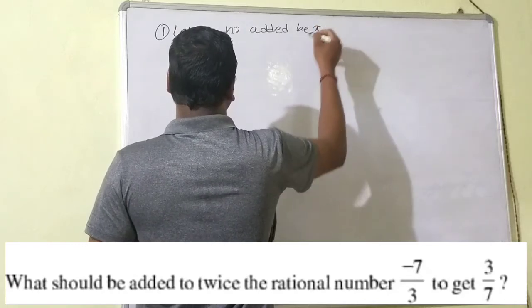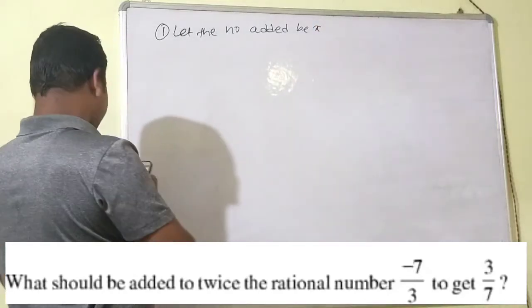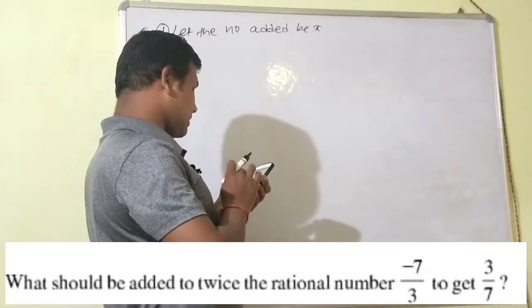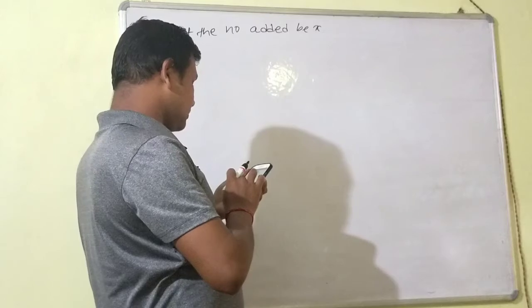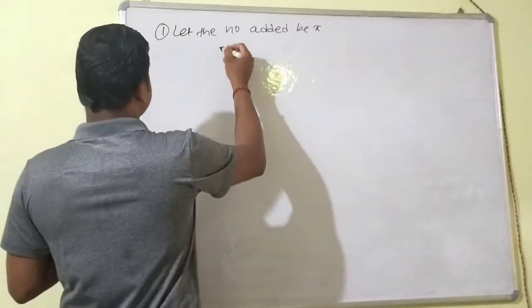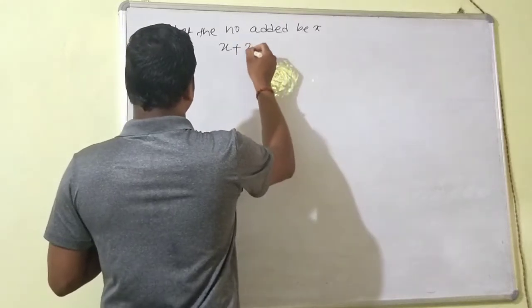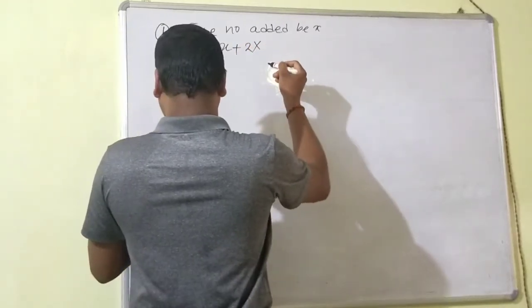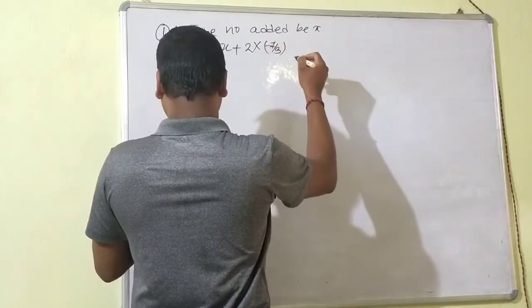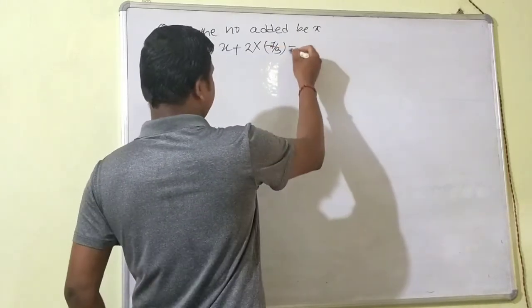So x should be added to twice minus 7 by 3 to give 3 by 7.